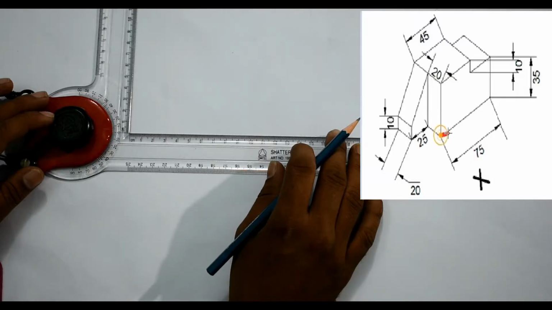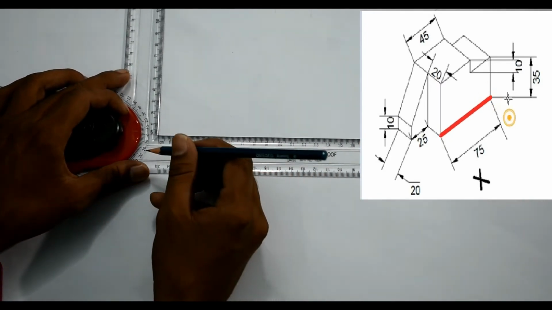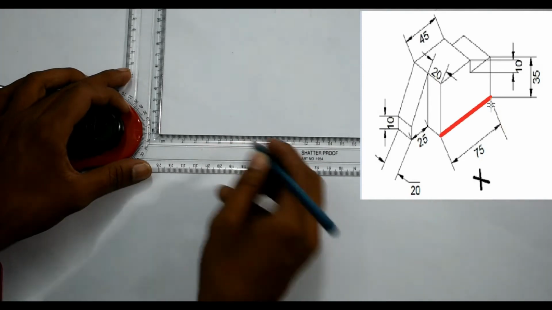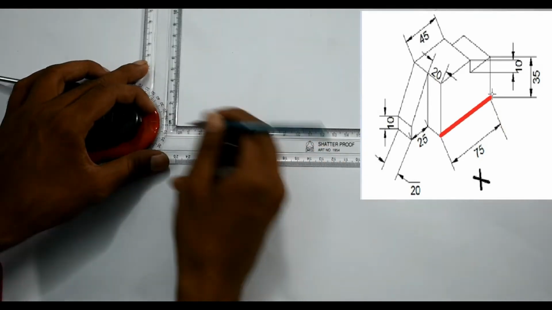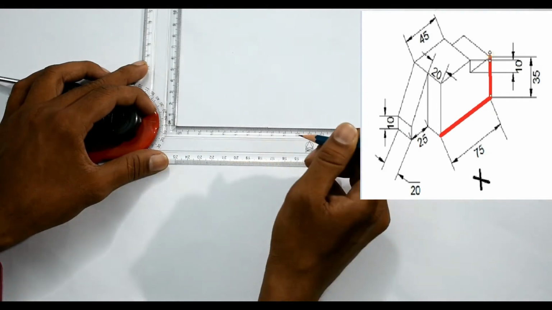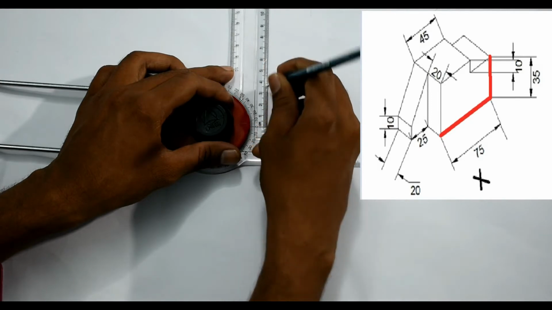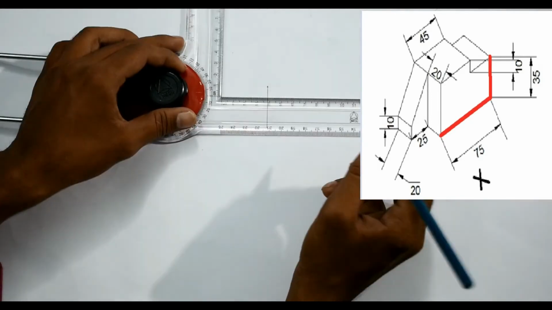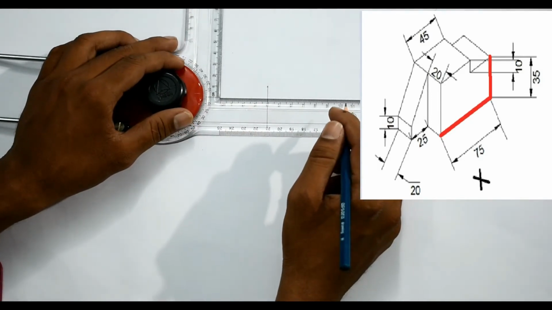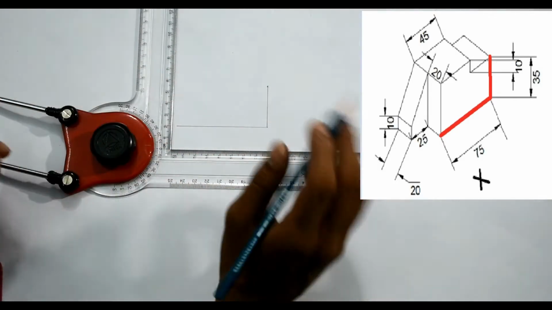So now I will first start with the front view. I will draw this 75 mm line first because it is visible to me from the front. This is 75 and the height here is given 35 mm. And while you go back, you can find that this dimension is not given here.